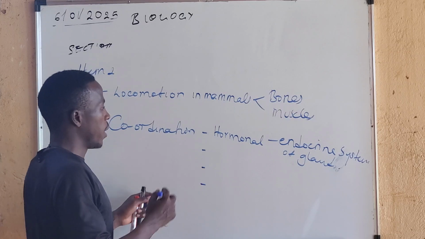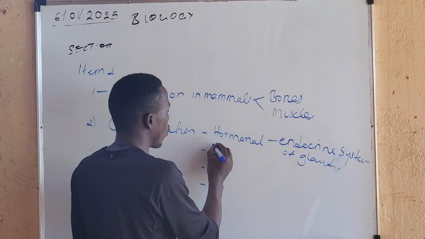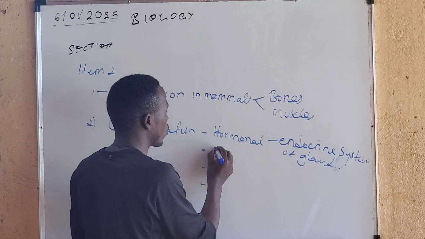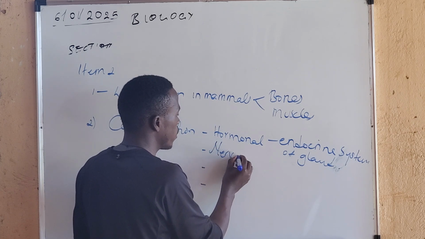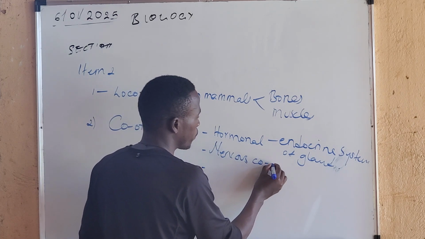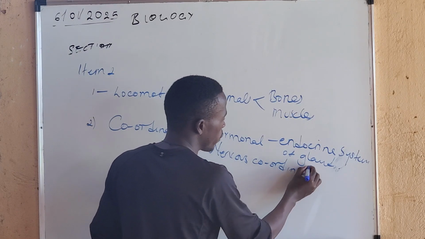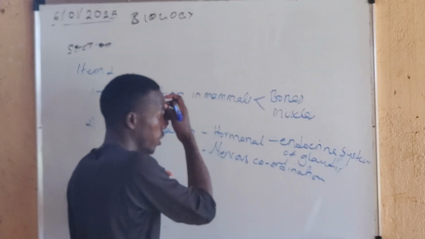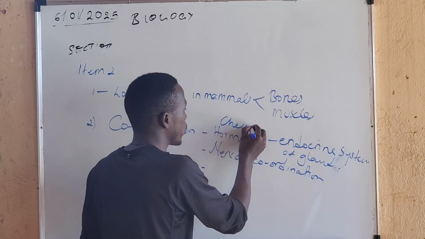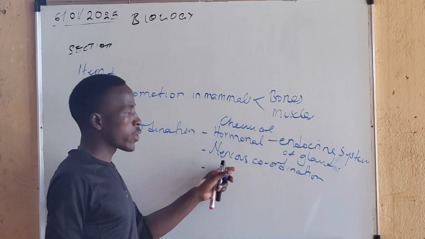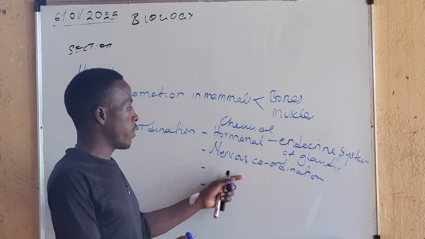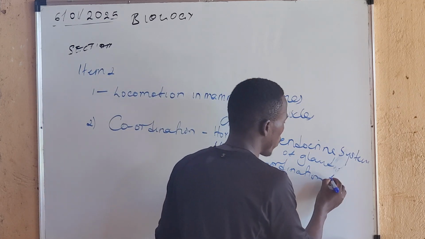Then number 2, we have chemical coordination. In fact, it's called nervous coordination. If you don't call it hormonal coordination, you can call it chemical coordination. This is nervous coordination, and in nervous coordination we only look at the following.